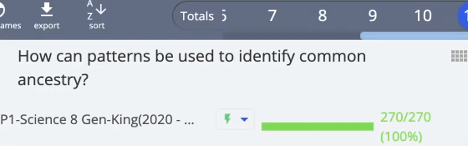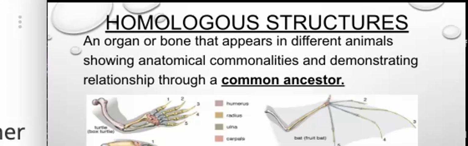How can we say, why do we know now that the rat and the elephant have a common ancestor? How do we know, when I showed you earlier, these arm structures, how do we know that these 6 animals share a common ancestor?